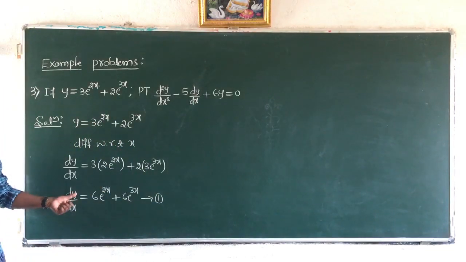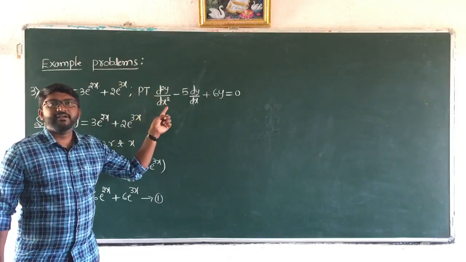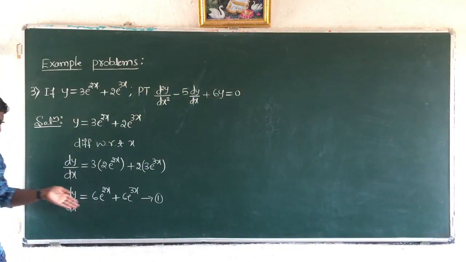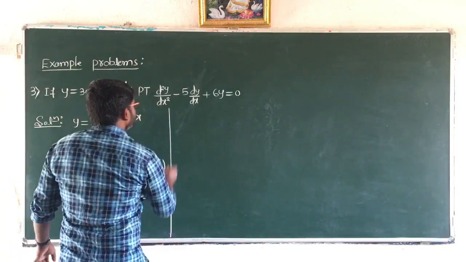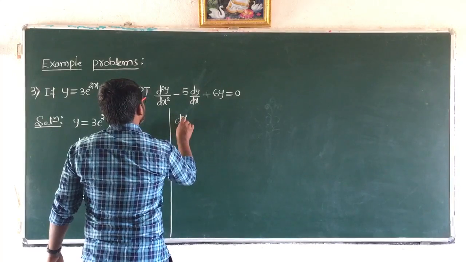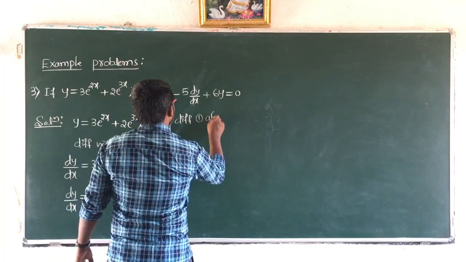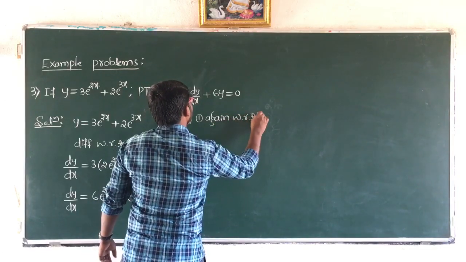So we have got dy by dx, and we also have d square y by dx square in the left hand side of the given question. So that means we have to differentiate again with respect to x. Differentiate equation 1 again with respect to x.